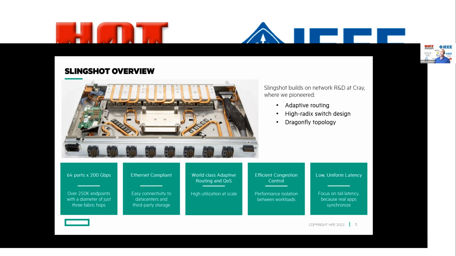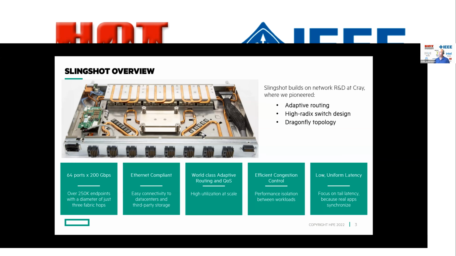One of the things we learned in those prior generations is that congestion control is really important, even in HPC systems, where a lot of people tend to think of those systems as single use at a time. They're really not. There's usually some large jobs running on a system at a time, and they can interfere with each other. And so an important thing we did in Slingshot was to implement an efficient congestion control solution.